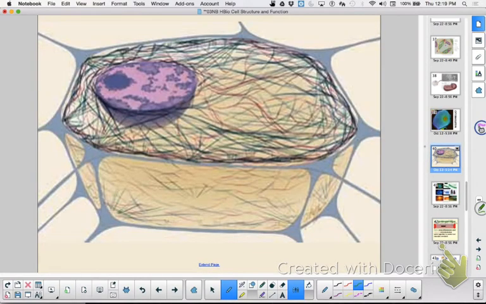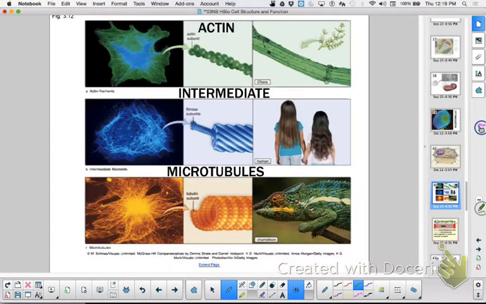Now, cytoskeleton. Remember we talked about 3 sizes of cytoskeleton? The smallest size of all was actin. Then you had intermediate, and then you had the large microtubules. Remember that? And I used pipe cleaners to model that for you. You find these two things underneath the cell membrane or around the nuclear membrane in order to provide support throughout the cell.